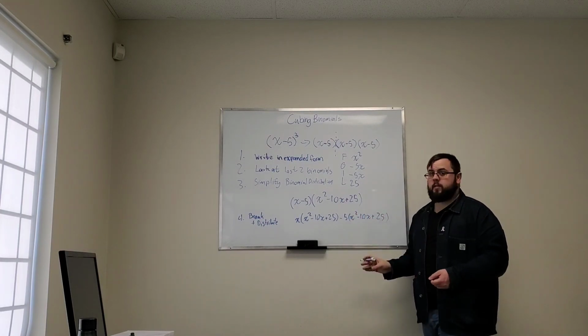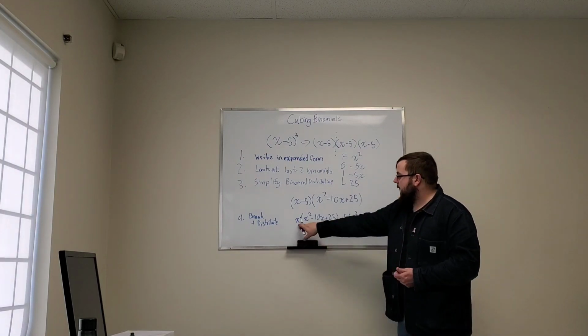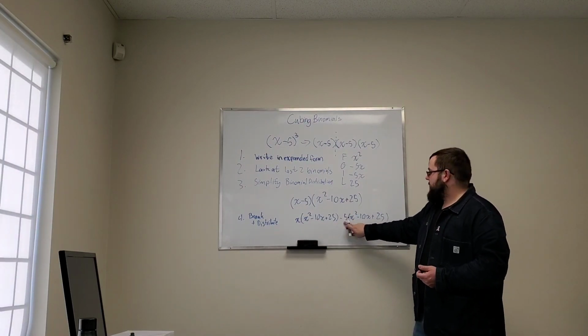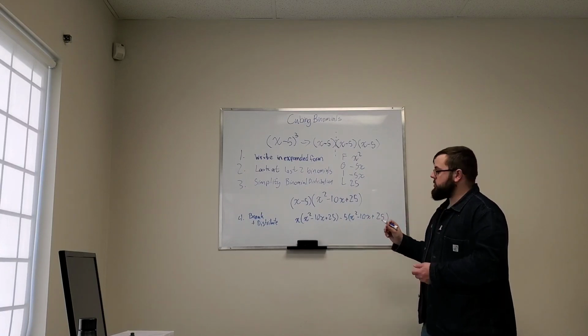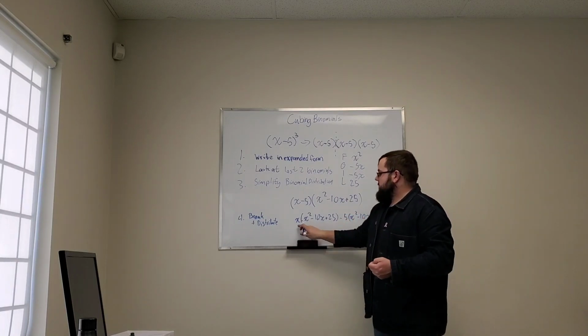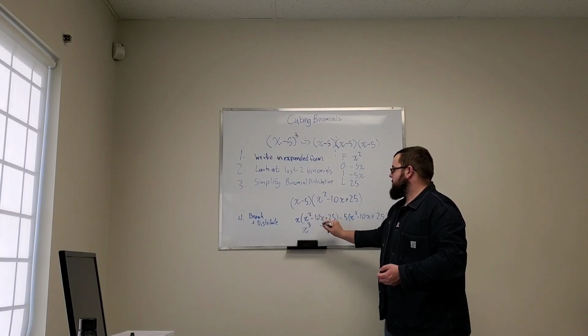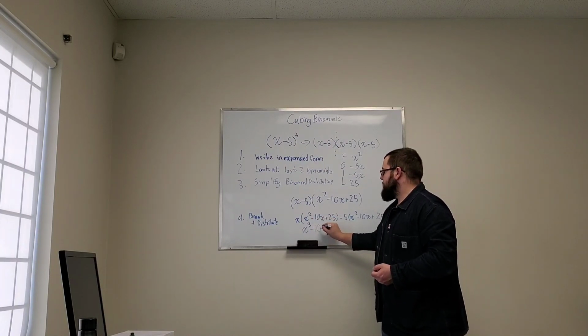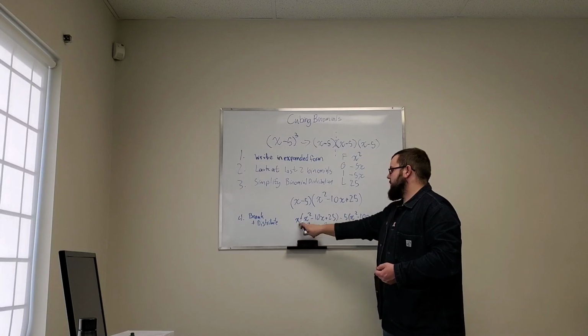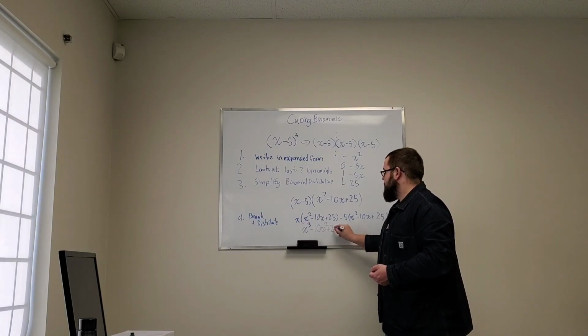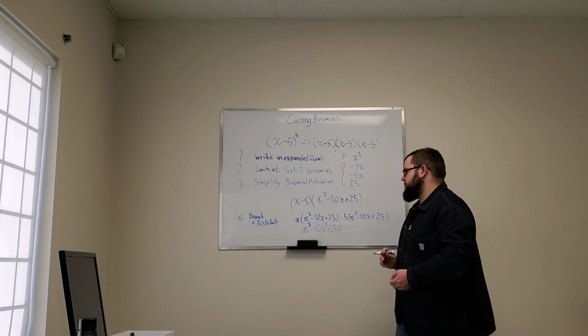So now I've broken it. Then I just distribute the x to each of these terms and the negative 5 to each of these terms. X times x squared, you're going to get x cubed. X times negative 10x, negative 10x squared. X times 25, 25x.